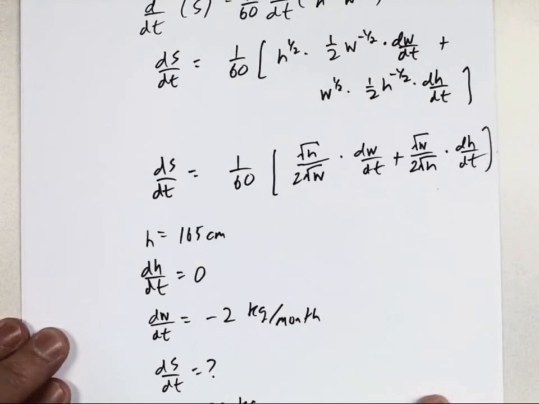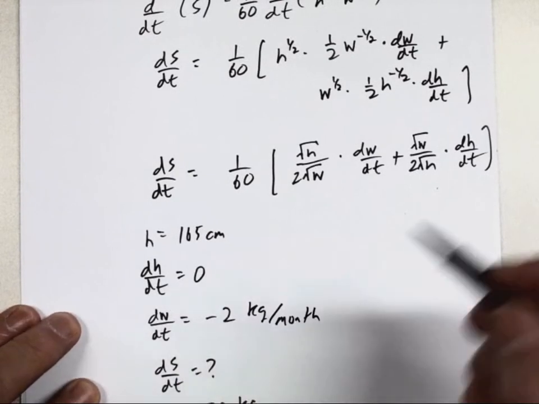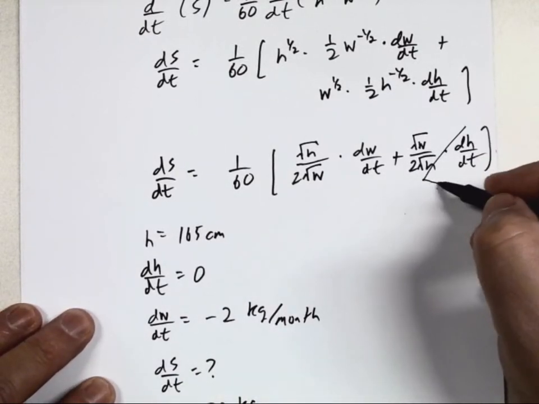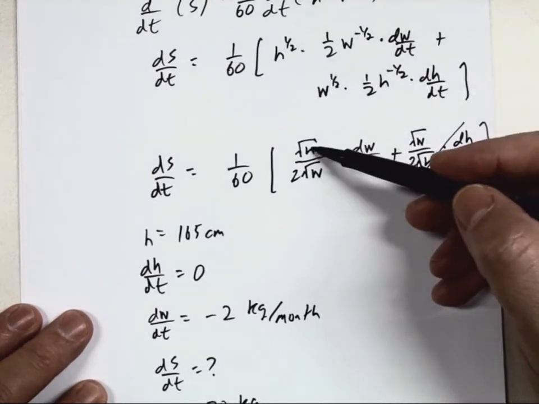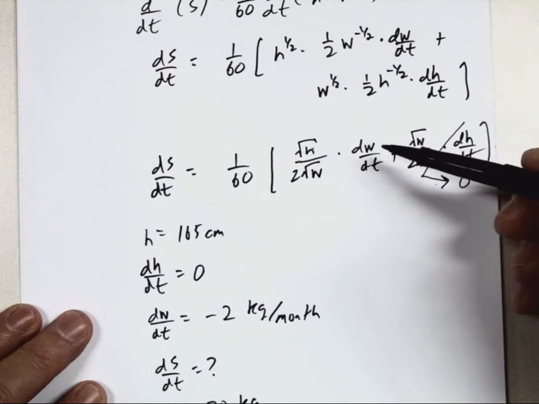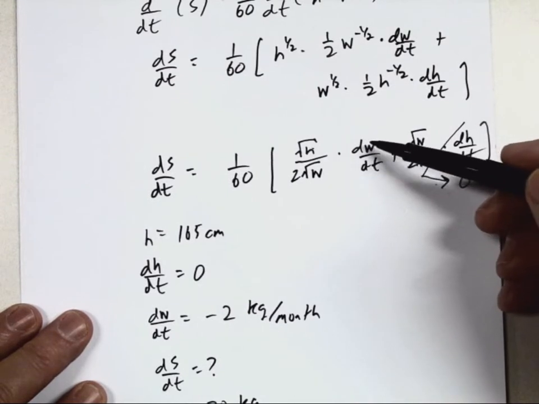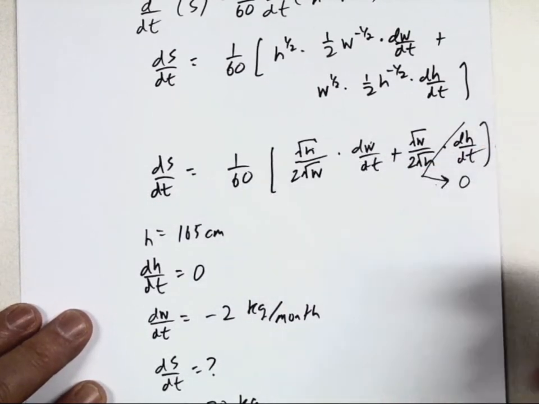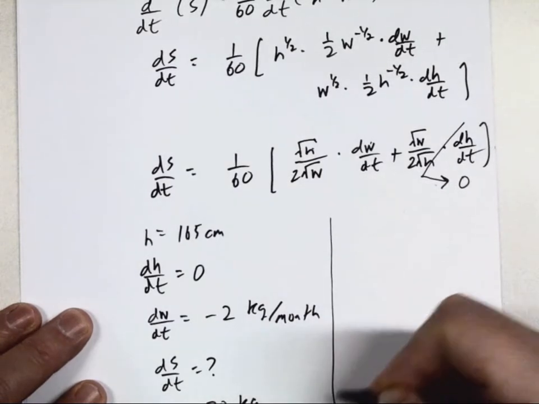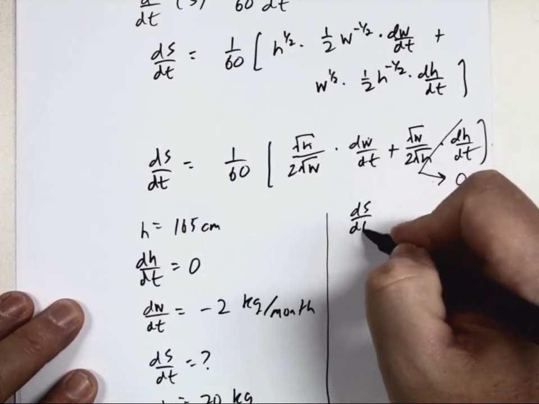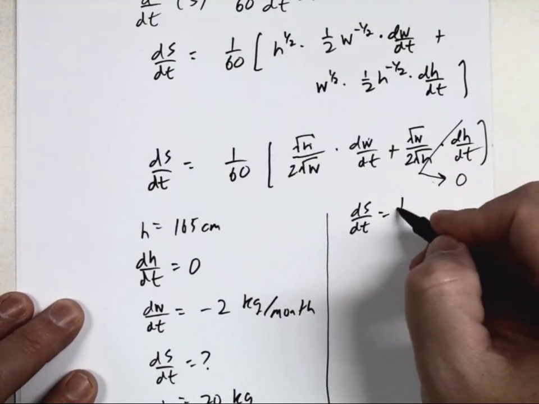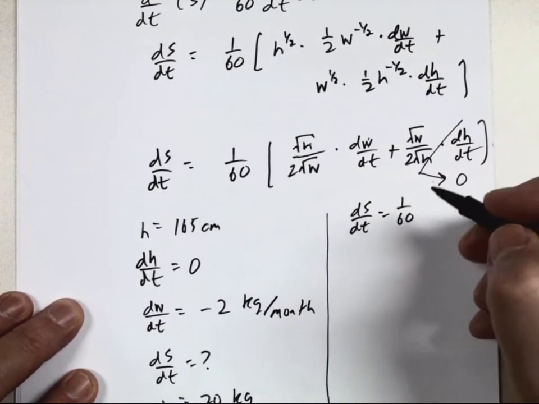So look here. First of all, dh dt is 0. This whole term goes to 0. And I know h, I know w, I know dw dt. Let me see if I can fit in the calculation here. ds dt equals 1 over 60.